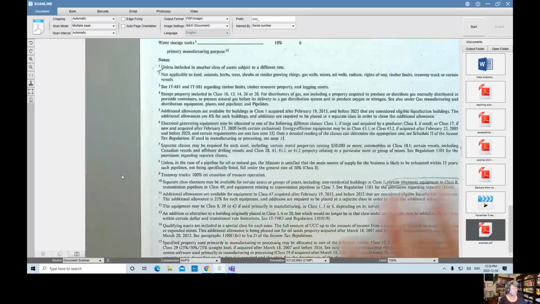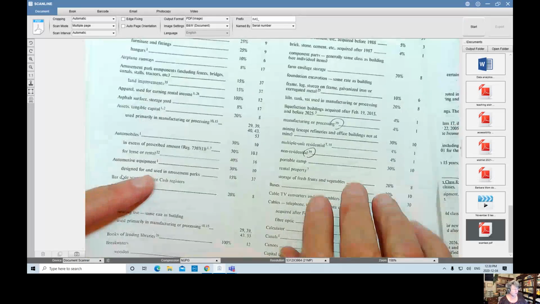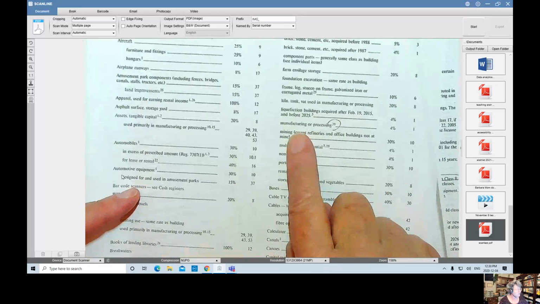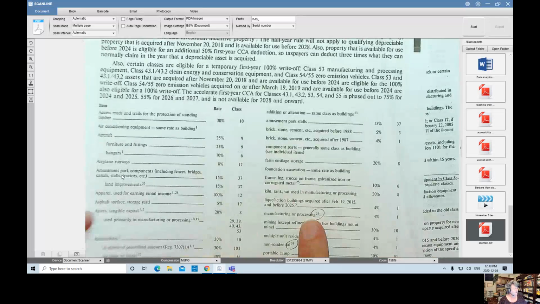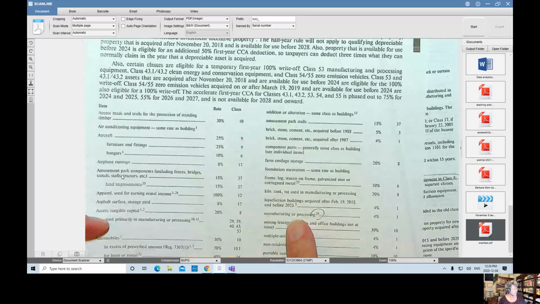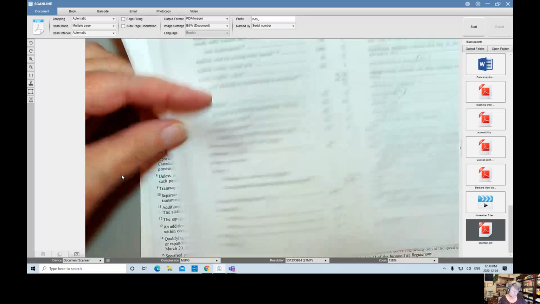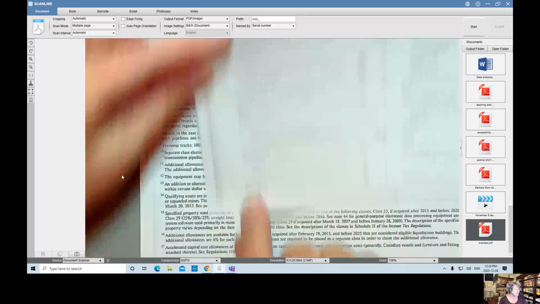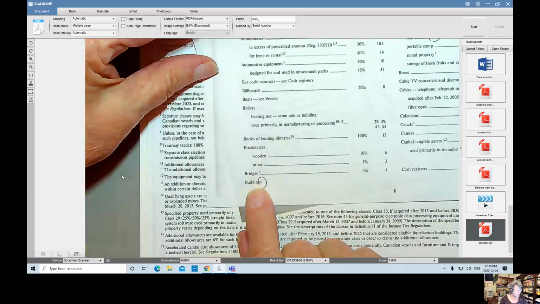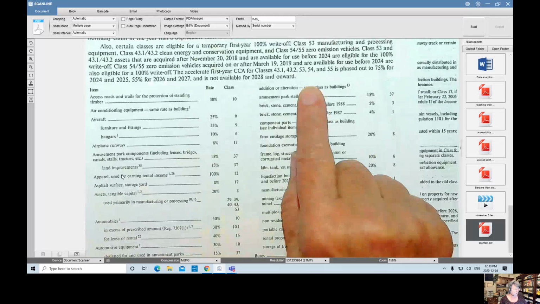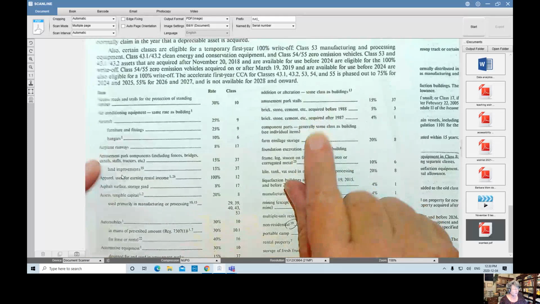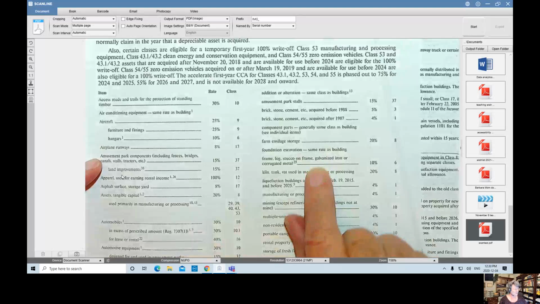But what I want you also to note is on the first page, for example, at the bottom of the first page, it says buildings. And then the second column has a whole bunch of building parts or types of buildings.